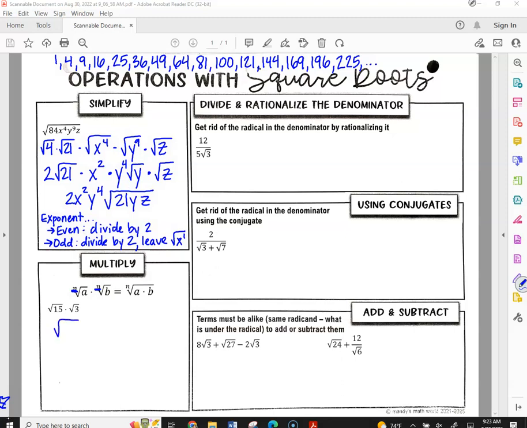So that would be the square root of 15 times 3, which is 45. Then, of course, what perfect square goes into 45? 9 goes how many times? 5 times. So rewrite this as square root of 9 times square root of 5. And what is the square root of 9? 3.